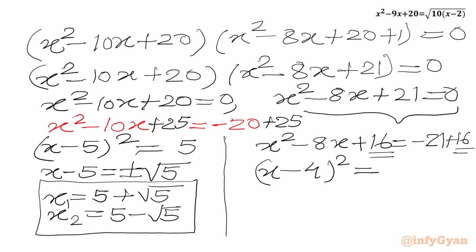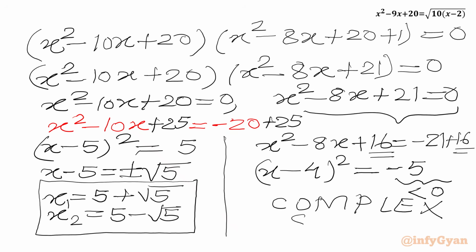And in the RHS we need to write minus 5. A square is coming out negative. We are going to get complex solutions. So we can write here complex solutions. So we can reject the second quadratic equation here. Rejected.